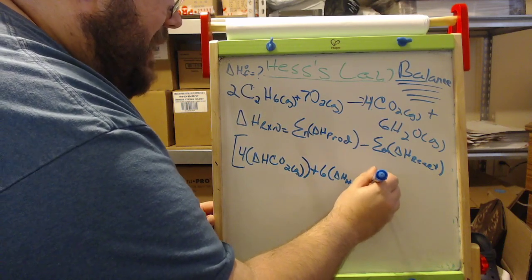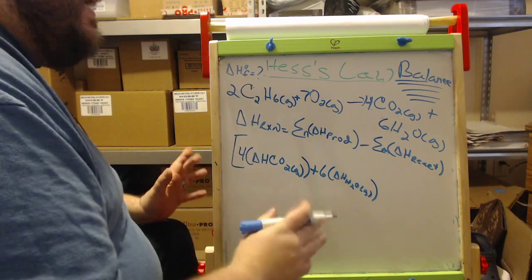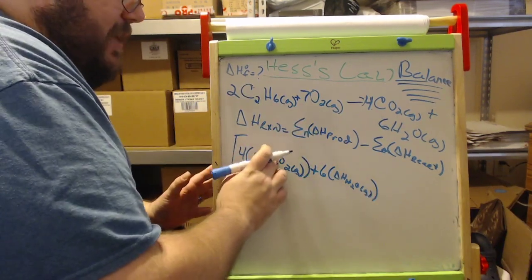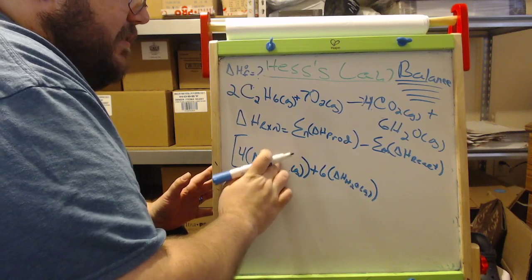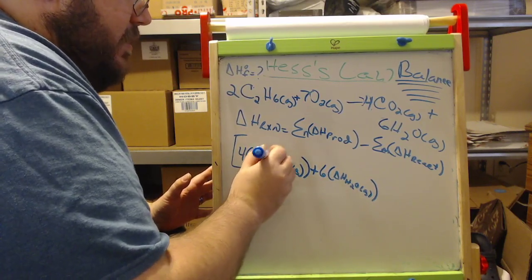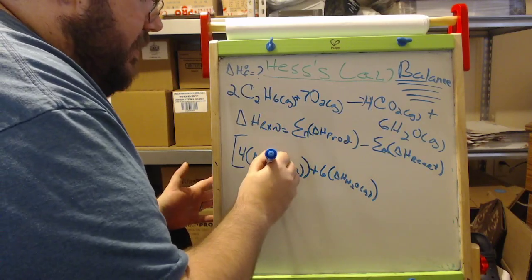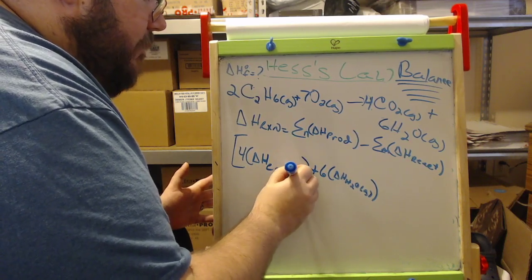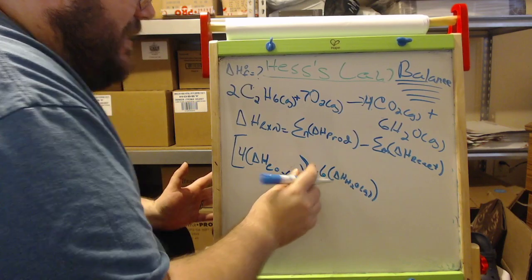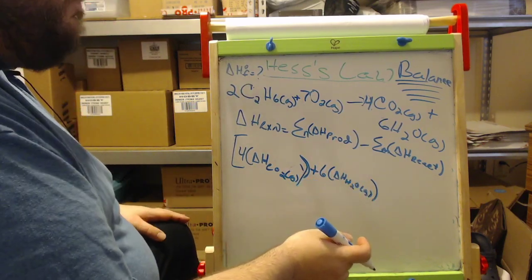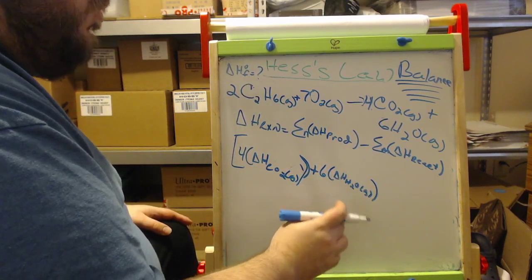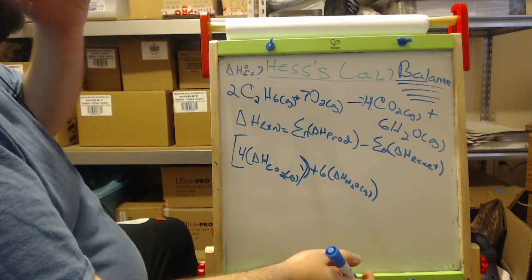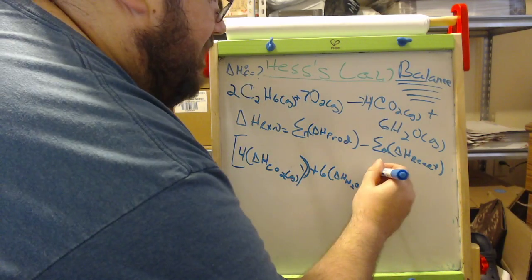Now, I can't stress this enough. States of matter matter. The value of the delta H of CO2 gas is going to be different than if it was a liquid or a solid. The value for gaseous water or water vapor is going to be different than that of a liquid or a solid. So states of matter matter.